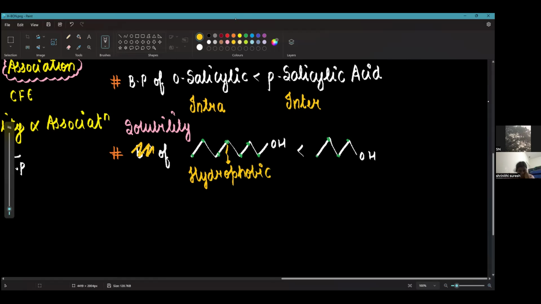So the more the number of hydrophobic chains, the less will be the solubility. Got it?